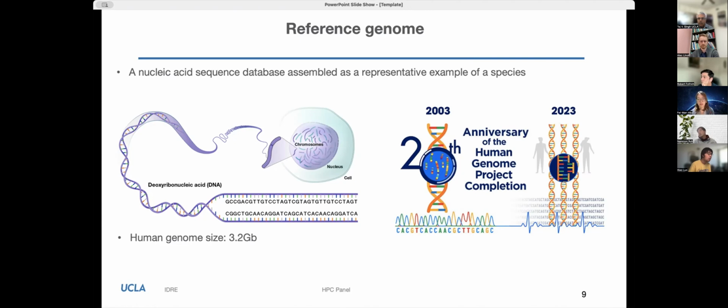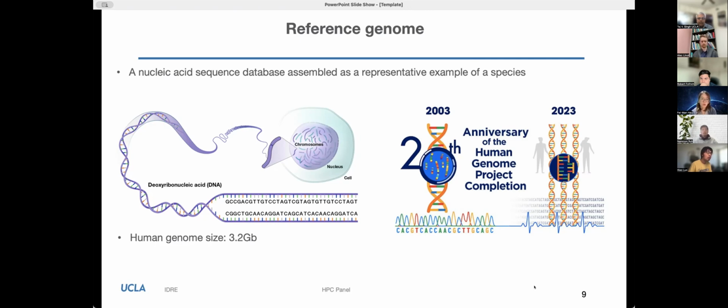For example, this year, 2023, is the 20th anniversary since the first human genome was assembled and released. And as of today, the human genome has evolved into more versions, like the Pangenome project, which is completed this year as well.